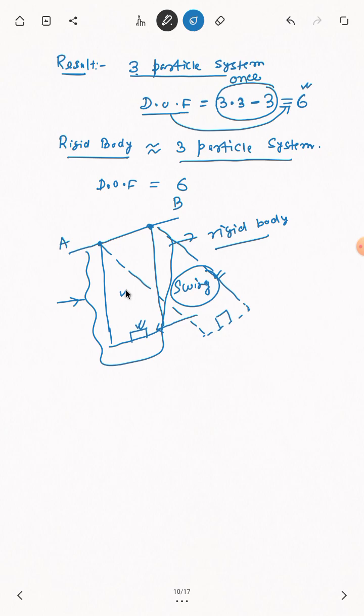though the swing is changing its position, this particular rod AB is fixed. So if we consider the swing as a rigid body, here the rigid body is making its motion about a fixed axis.